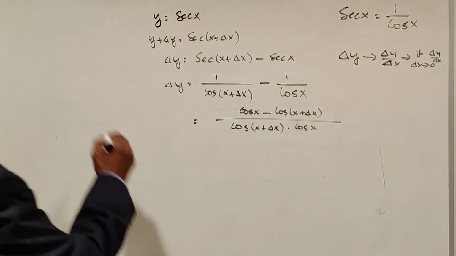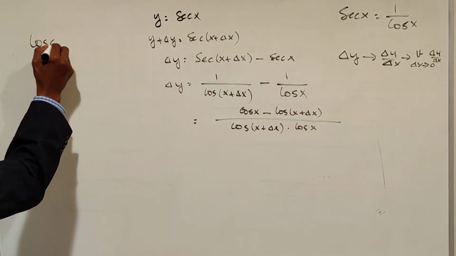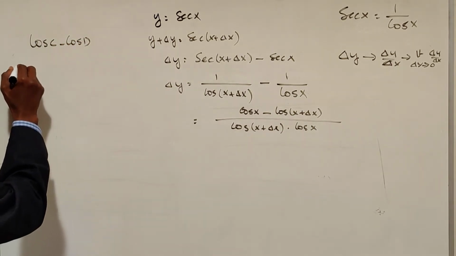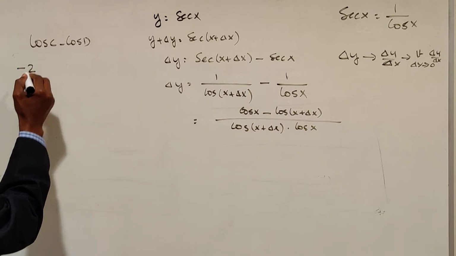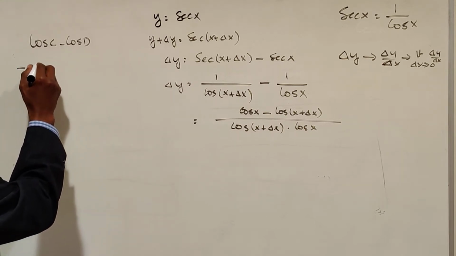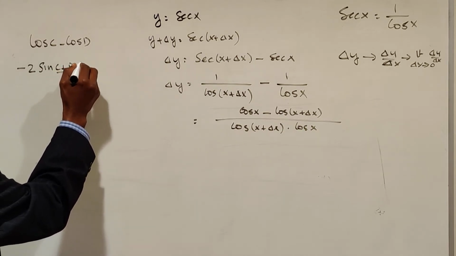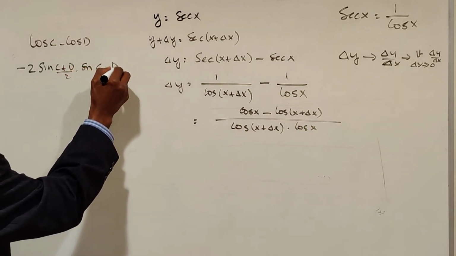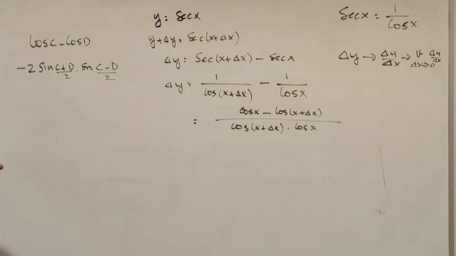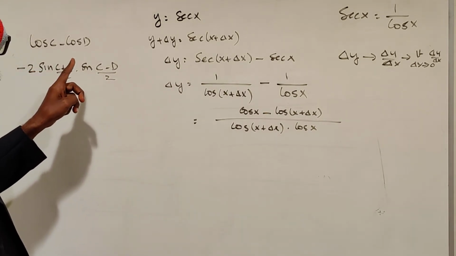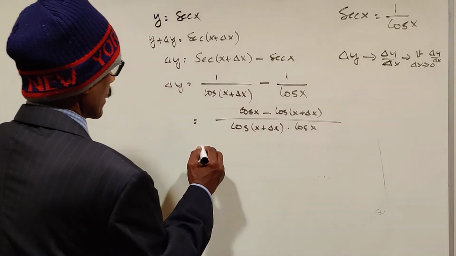Cos c minus cos d. This is the formula: minus 2 sine of c plus d by 2 times sine of c minus d by 2. That is the formula. Okay. Minus 2 sine of c plus d by 2 times sine of c minus d by 2.